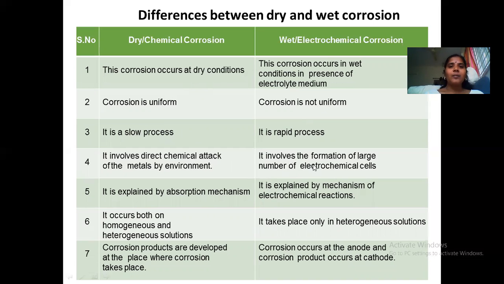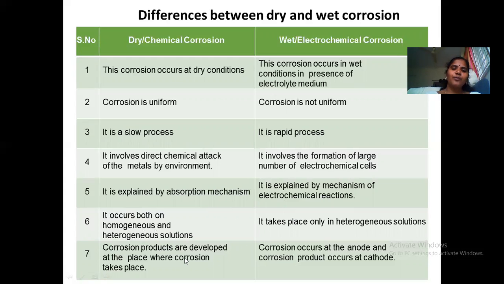Here, a number of electrochemical cells are formed in electrochemical corrosion. And dry corrosion is explained by the absorption mechanism, and electrochemical corrosion is explained by the mechanism of electrochemical reaction. Dry corrosion occurs in both homogeneous and heterogeneous conditions, whereas electrochemical corrosion generally takes place in a heterogeneous solution only.